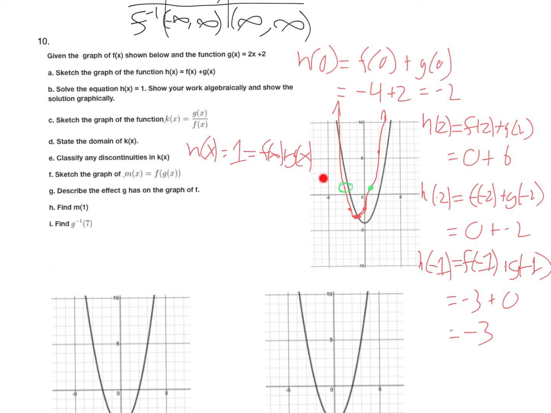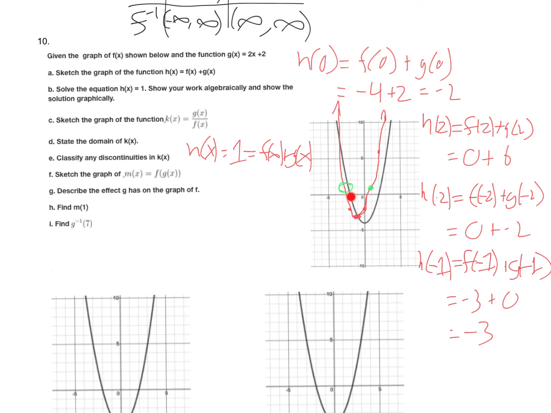And so I can just experiment here and justify by plugging in. Okay, if I plug in positive 1, that's going to give me 4. And yes, f of positive 1 is negative 3. 4 plus negative 3 is, in fact, 1. So that works. And then I would do the same thing over here. I'm not sure, is it negative 2 or is it negative 3? So I plug in negative 2.